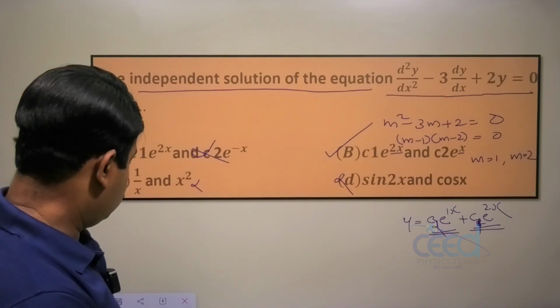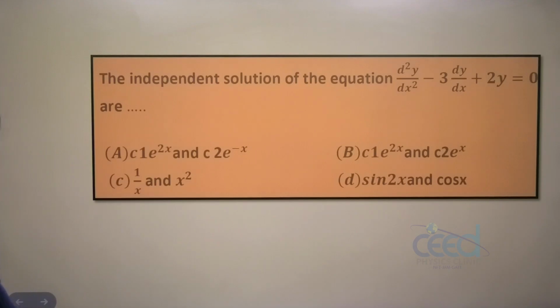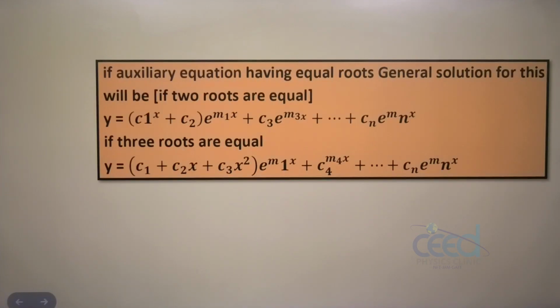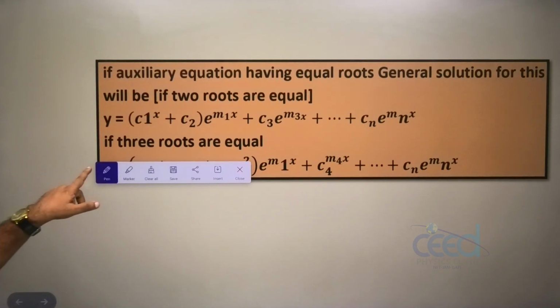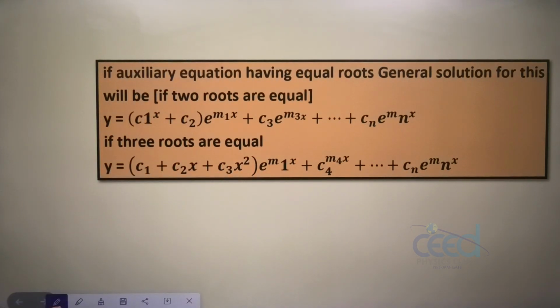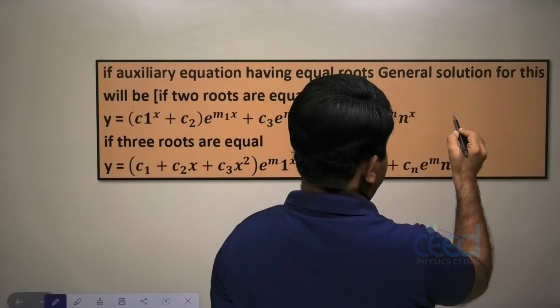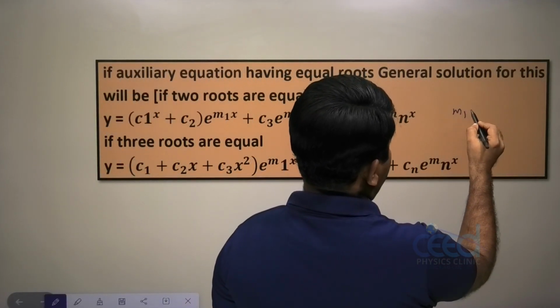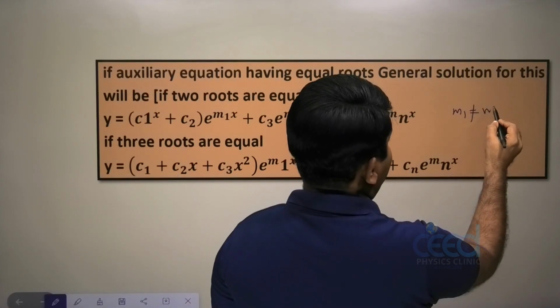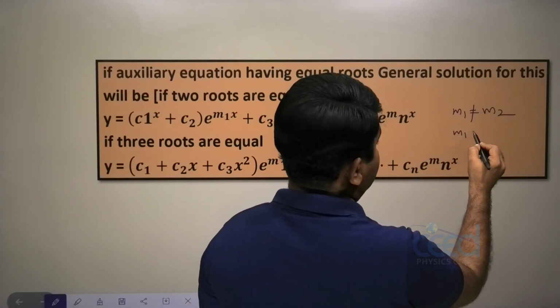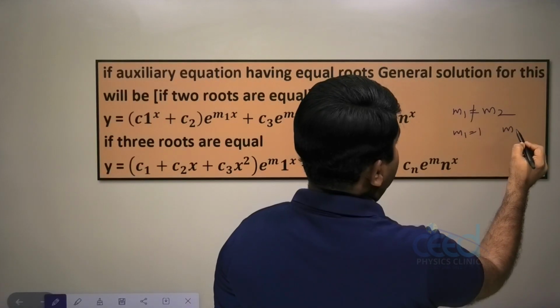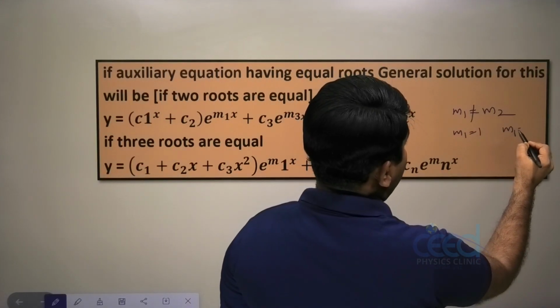Alright. Now let us go to another case. Suppose what we studied, you get different solutions. So by solving, say you get m1 not equal to m2, like m1 is equal to 1, m2 is equal to 2.